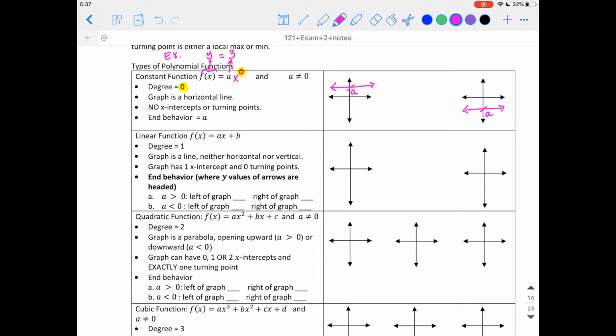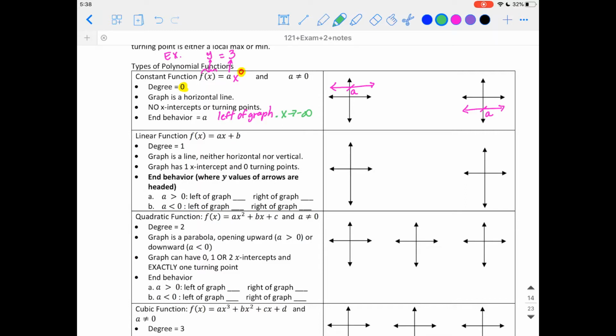Okay, so let's look at these graphs. So the end behavior, I put here that it's a. Why is it that it's a? So we're going to start writing here. The left of the graph is technically as x goes to negative infinity, excuse me.